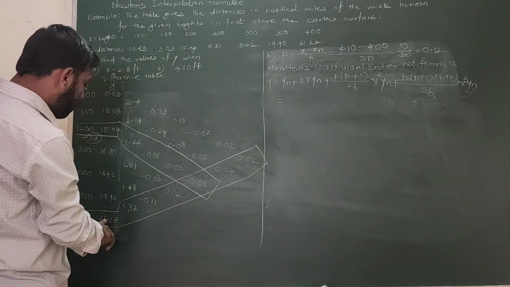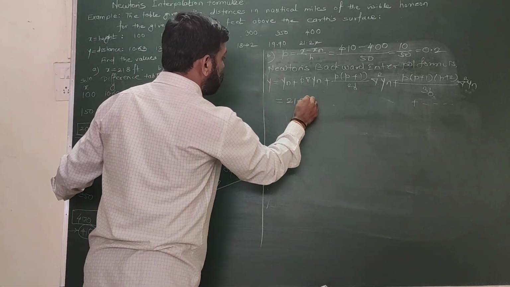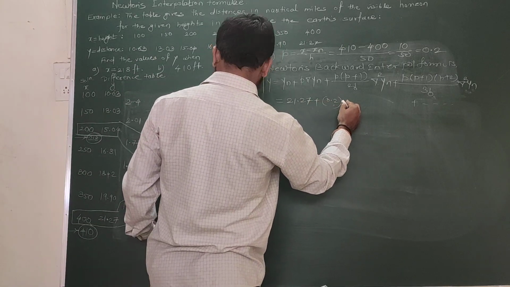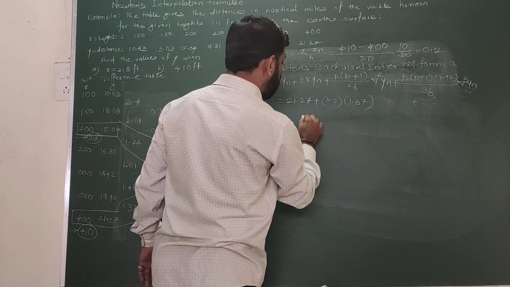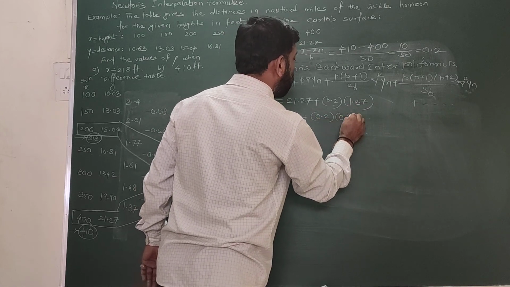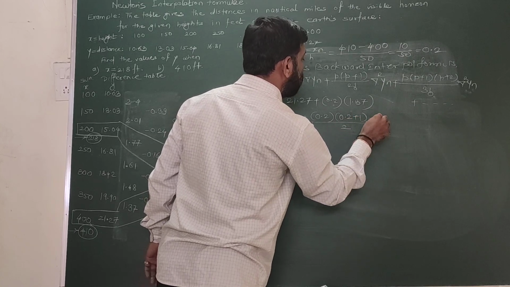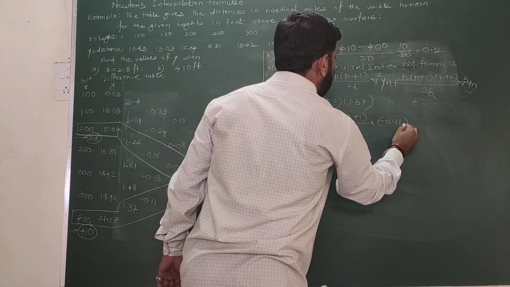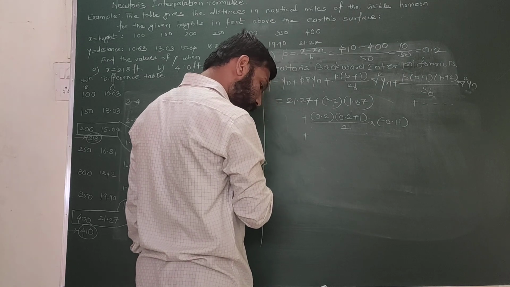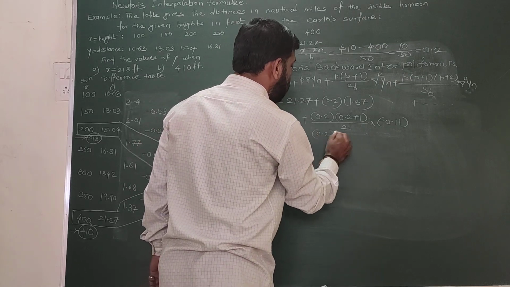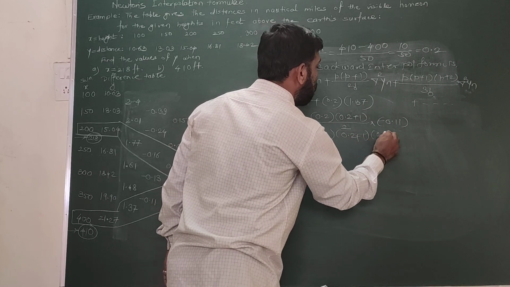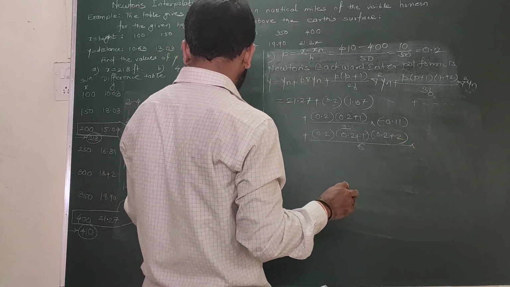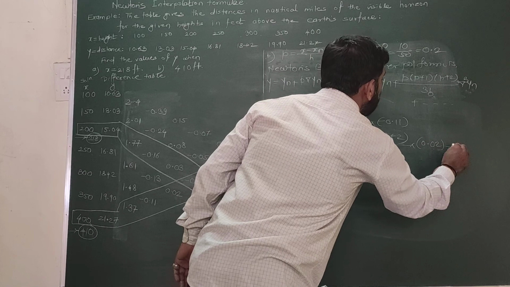So first value yn is 21.27, value of p is 0.2, next 1.37, plus p into p plus 1 upon 2 into 0 minus 0.11, plus 0.2, one more term we'll consider here for the calculation part, divided by 6 into 0.02 and plus so on.